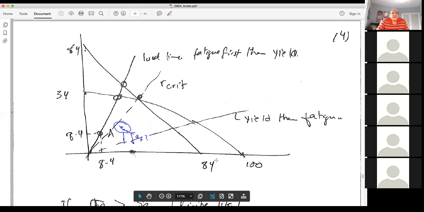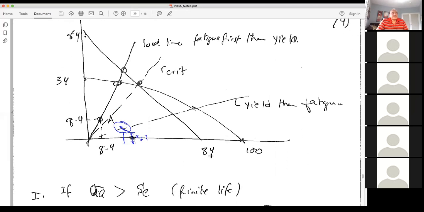So that example looks like here, where the yield stress was 84 and 84, so the Langer line is going from 84 to 84. The load line actually turned out to be that one. So what's going to happen is the actual operating point is at 8.4 and 8.4 in terms of the alternating and the steady stresses.